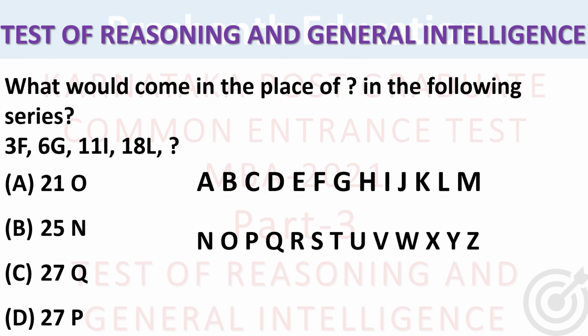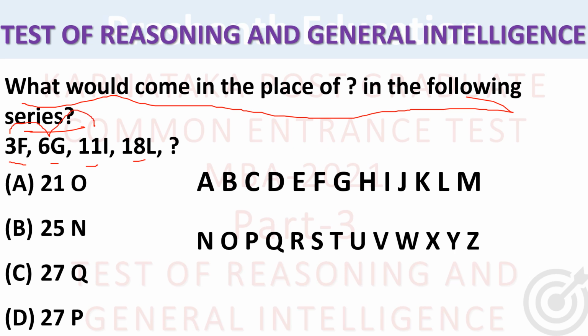Okay, let's look at the next question. What they're asking: what would come in place of the question mark in the following series. They have given 3F, 6G, 11I, 8L, then the question mark. Either you can go with the numbers, see the difference and calculate it, or the best way, since you have two numbers together, 27 and 27 are there, is to go with the alphabets.